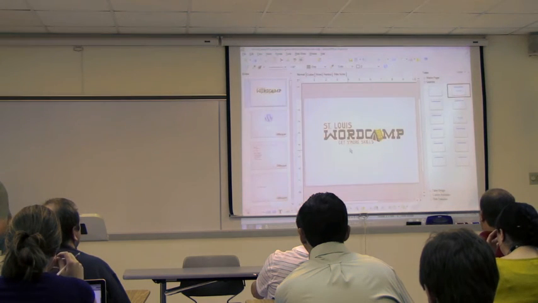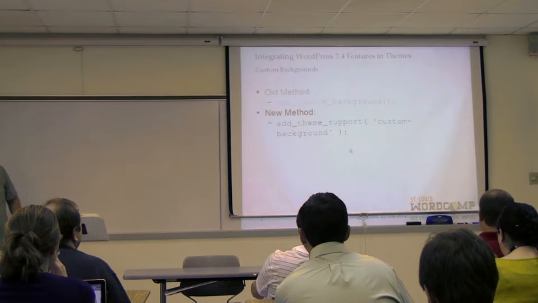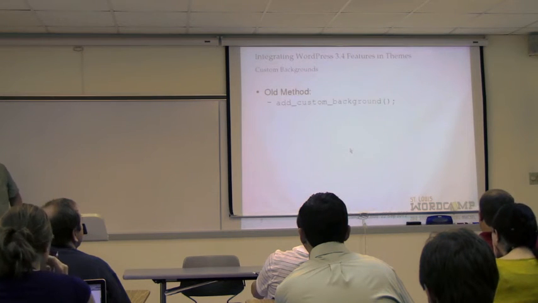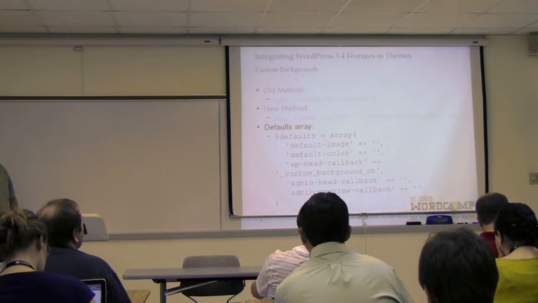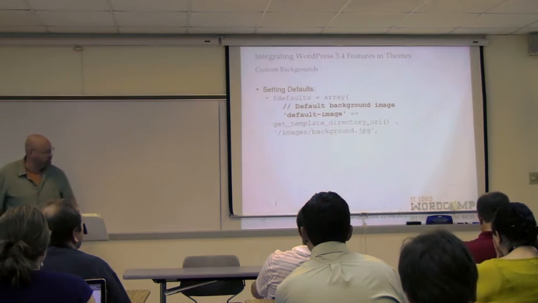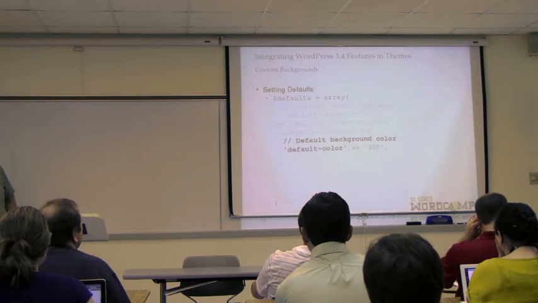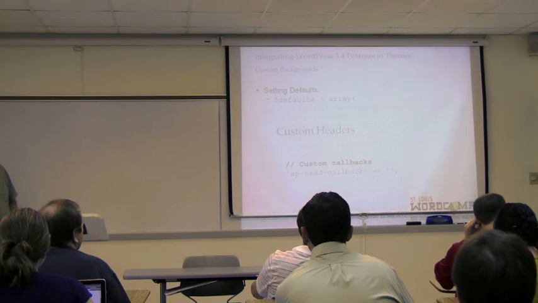So let me get back here. Here we go. Everyone good on these? There's the old method, there's the new method. Here are the defaults. If you want to set some defaults, there's the parameter for the default image, for the default color, and of course all the callbacks that were added to the default background.